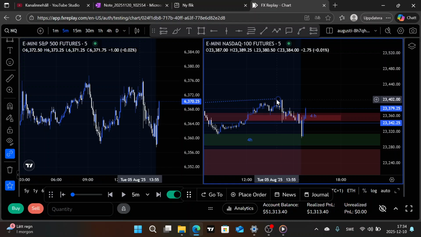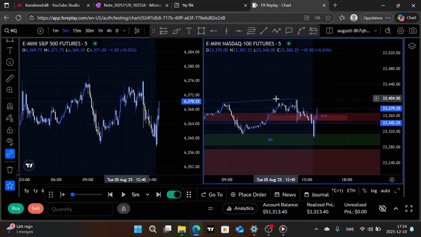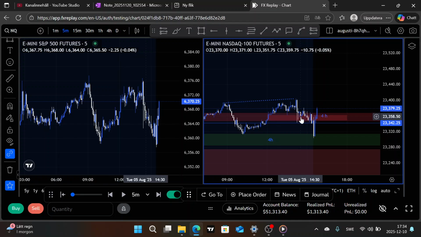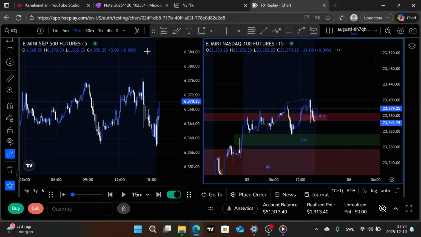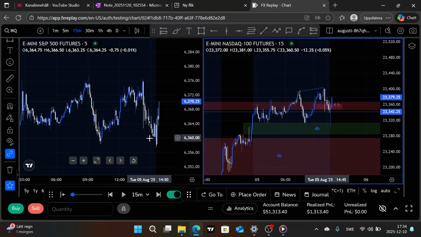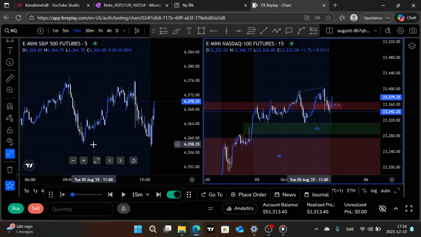But we should also have in mind that we had an SMT, so it may mean that it has already done its move to the downside. So I need to check what ES did at this time. Does ES sweep?